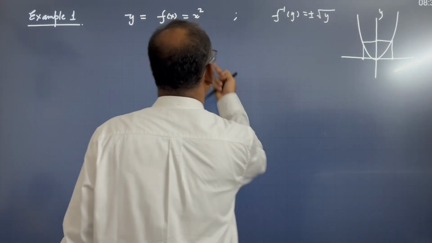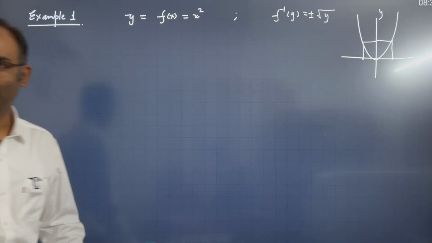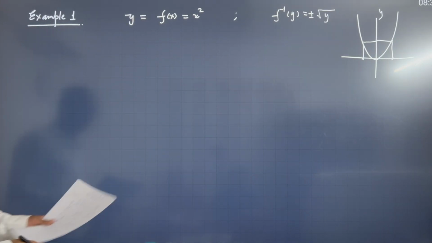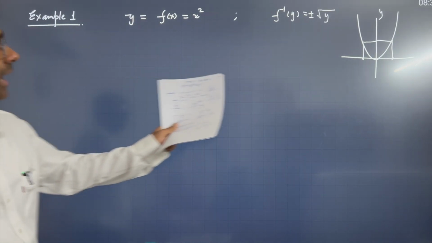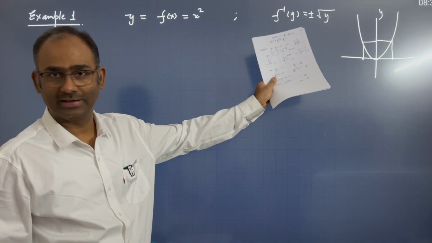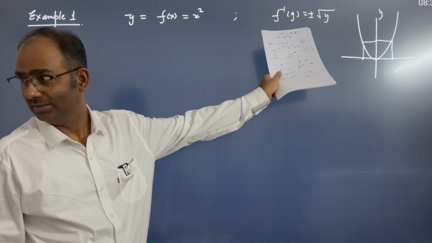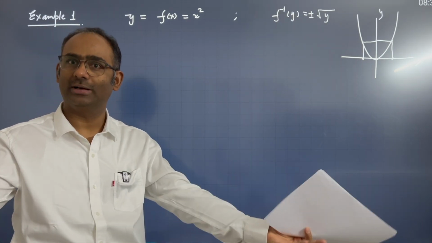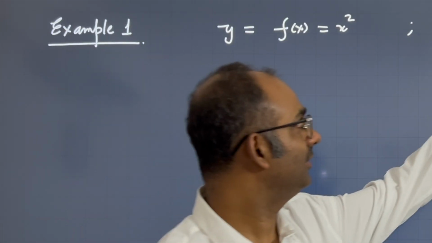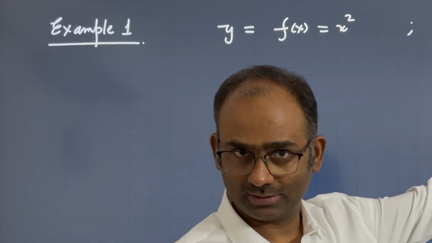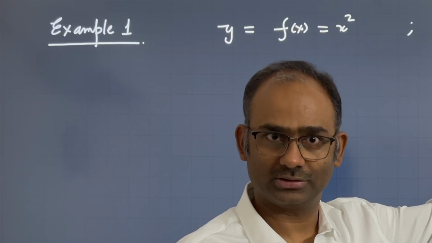Now we will just try to use that theorem. But before that, I have to ensure that the inverse function is defined. This is not a function, right? For a given value of y, you have two values. A function has only one value for a given value of its argument. So for a given value of y, I should have only one answer, not 10 answers or 2 answers.